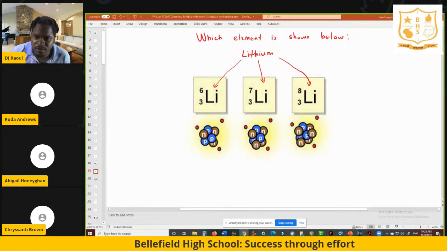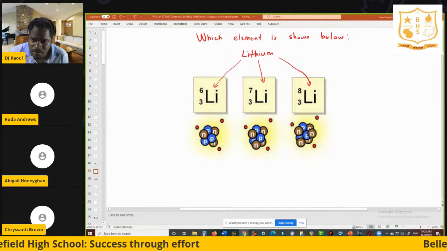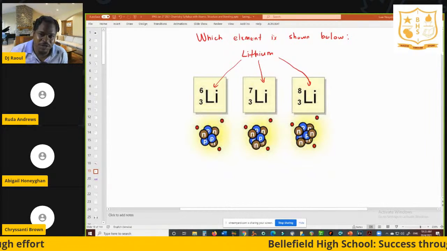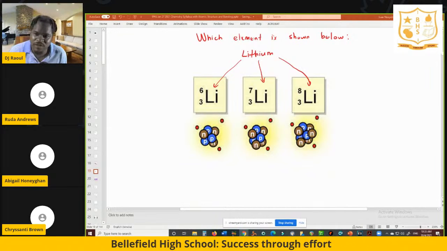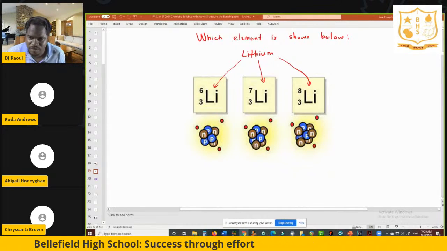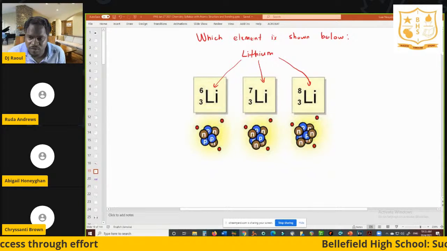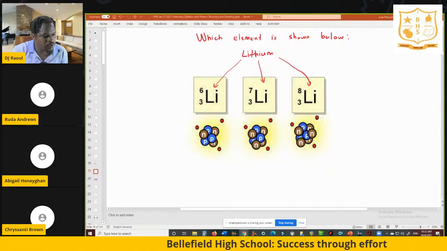All right, so now let's go deeper. There are three different lithium here, as you can see. What is common to all three of them? The atomic number, sir. I'm hearing two answers.